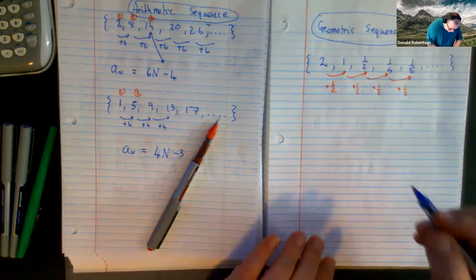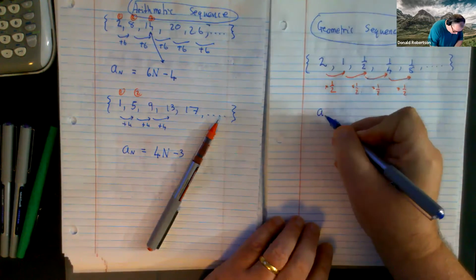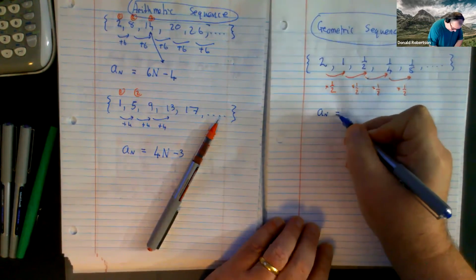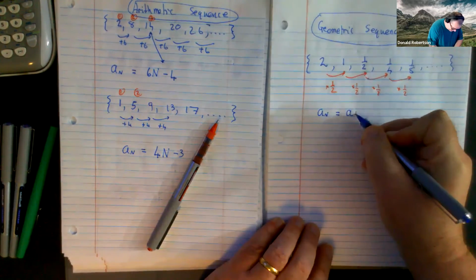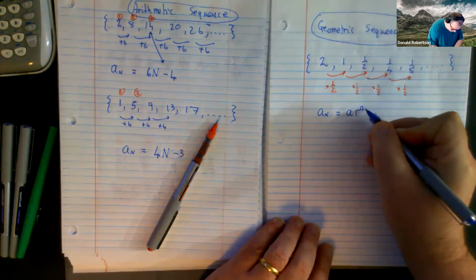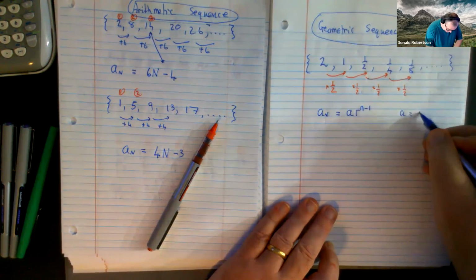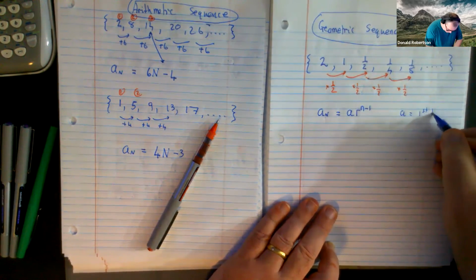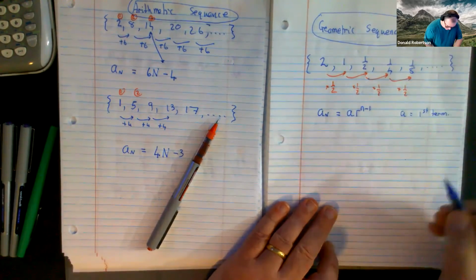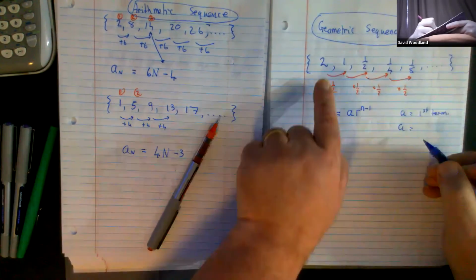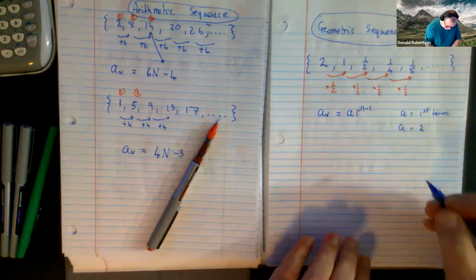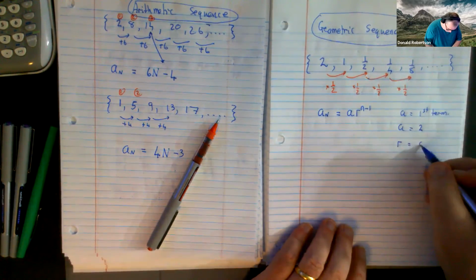And the formula for a geometric sequence is a little bit more complicated. It's called a r to the power of n minus 1. a is always whatever the first term is. So in this case, the first term is 2. r is called the common ratio.